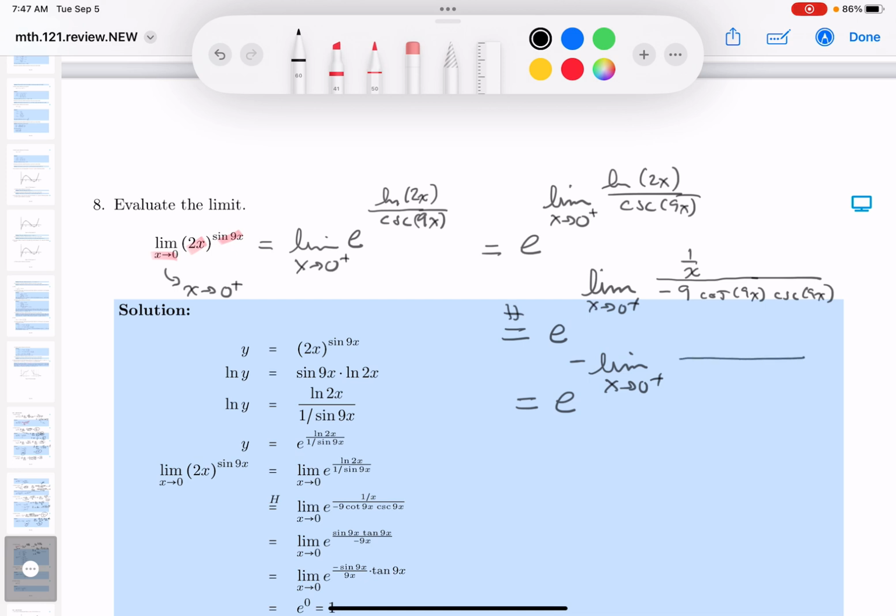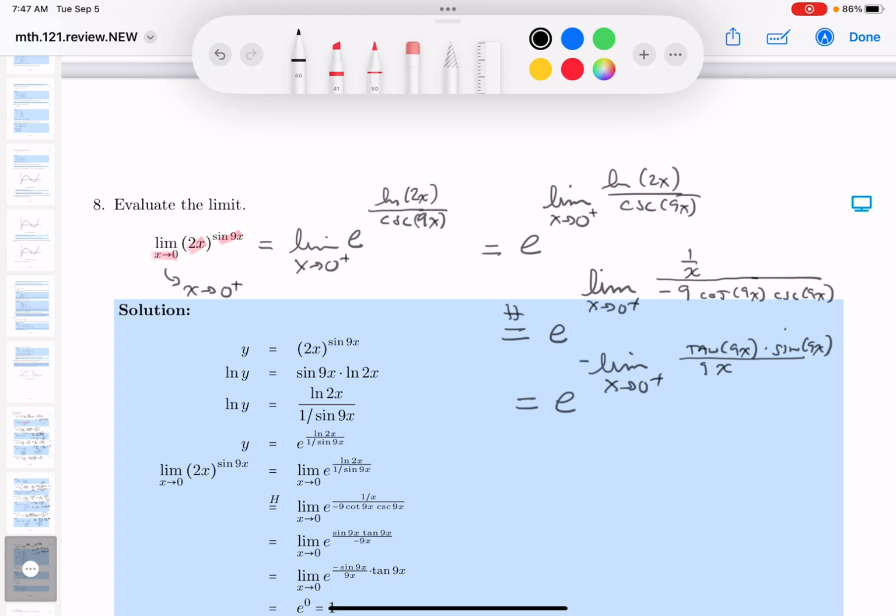I'm going to put minus 1/9 on the outside, and you're going to get x tan 9x and then sine of 9x. You know what? I'm not going to do that either. What I'm going to do is bring the 9 on the inside. There's a point to this, by the way. I'm going to leave the minus on the outside, but put the 9 over here.